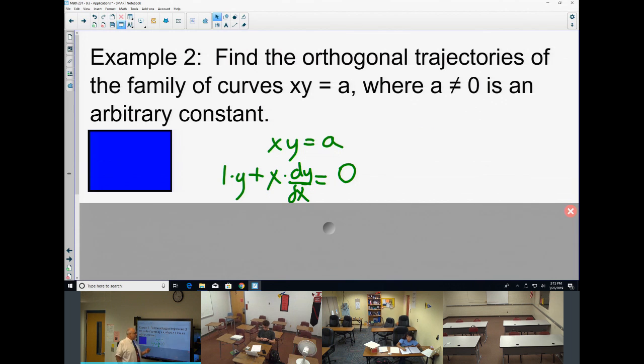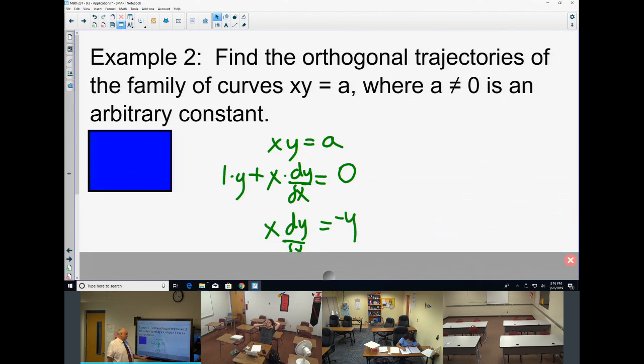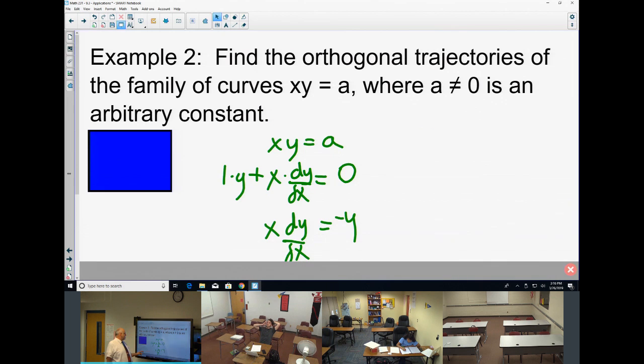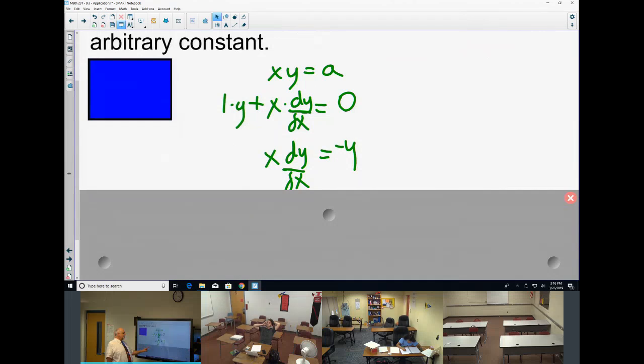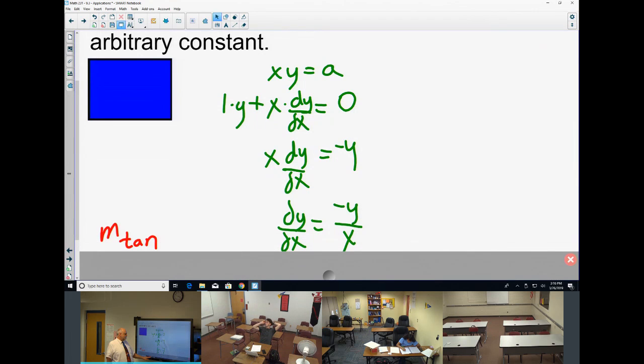Now, to find the derivative, that's the same thing as dy dx, so we're going to solve for dy dx. We subtract y and then divide each side by x. So dy dx, that's the slope of the tangent, is negative y over x.